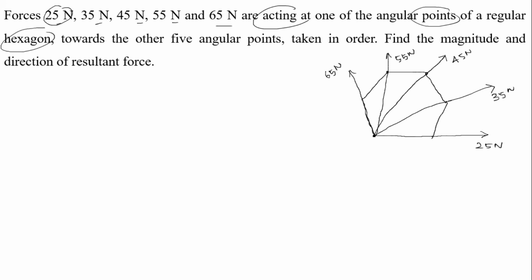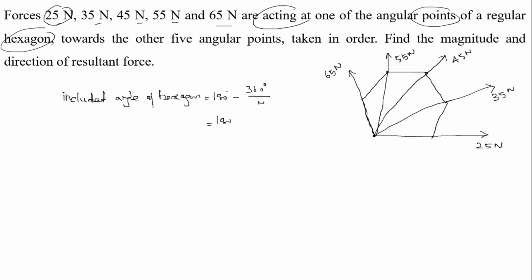Now we have to find the angles, right. First we have to calculate the included angle of the hexagon, which is equal to 180 degree minus 360 degree divided by the number of sides, and this is the general formula.